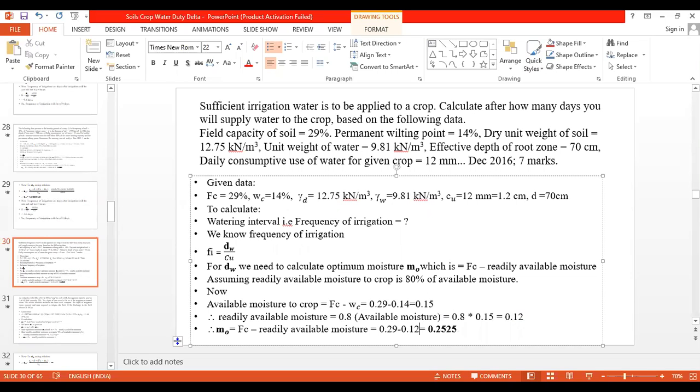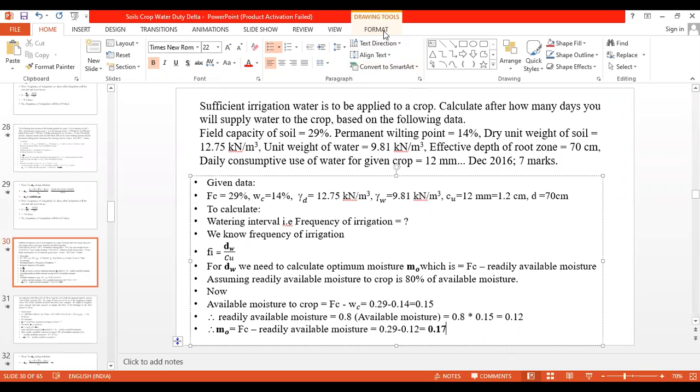That is 0.29 minus 0.12, that is 0.17, we can say. It means here the lower limit of the field capacity is 17%. Now we got the optimum moisture content, we got readily available moisture, etc.